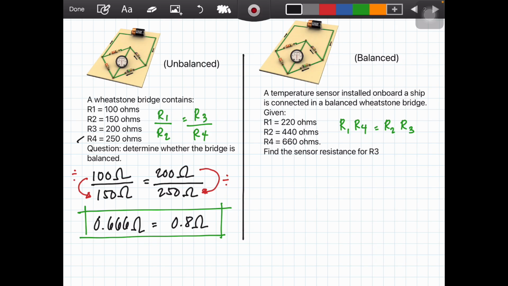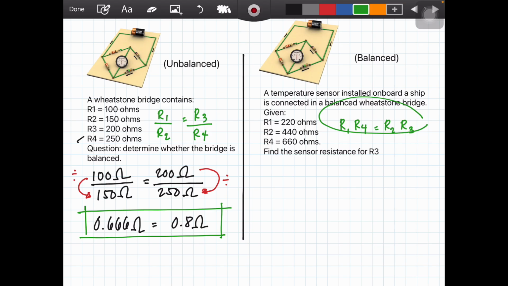So we cannot use this formula that I am writing, not yet. We need to use this first because we are going to find R3. So we need to do cross multiplication.